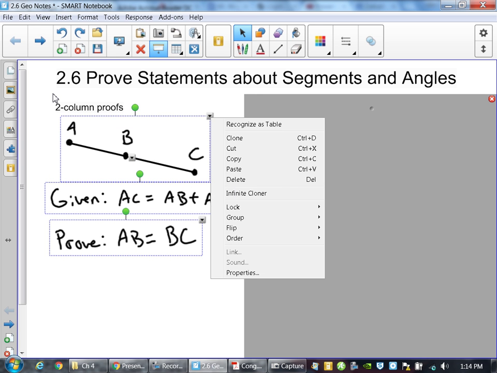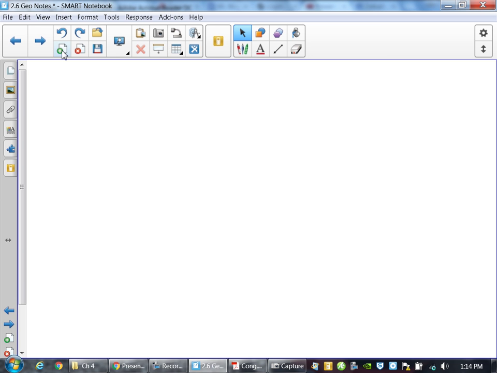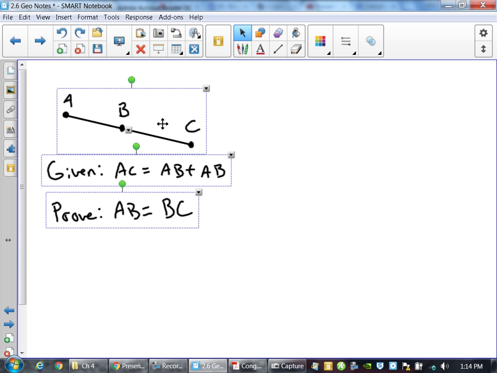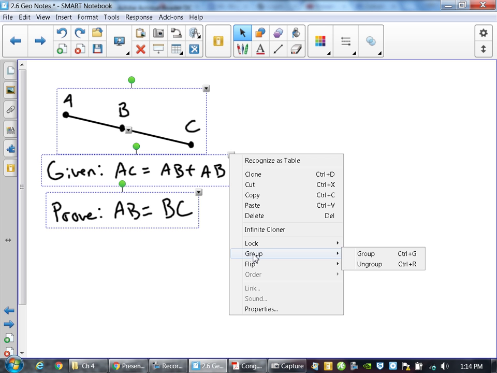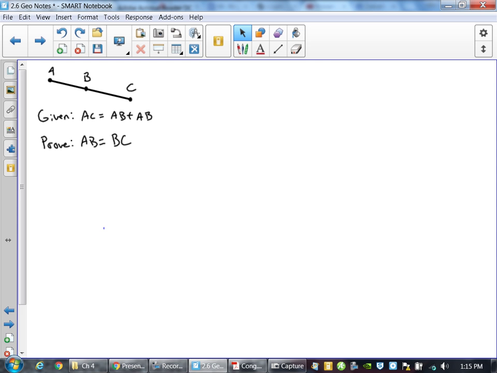You're going to be given information like this. You have a segment AC, but the given statement says AC equals AB plus AB. And it wants you to prove that AB equals BC.